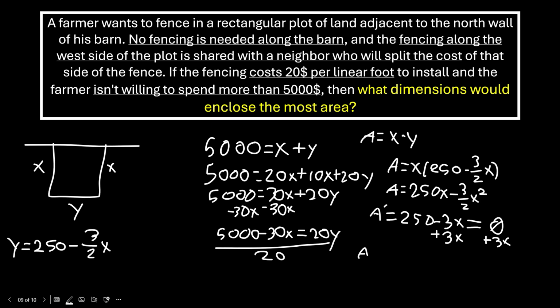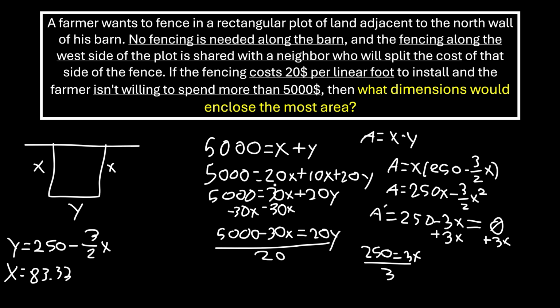So we should get 250 equals 3x. Then divide both sides by 3, which should give us x equals 83.33 repeating, which I'll just write as 83.33.